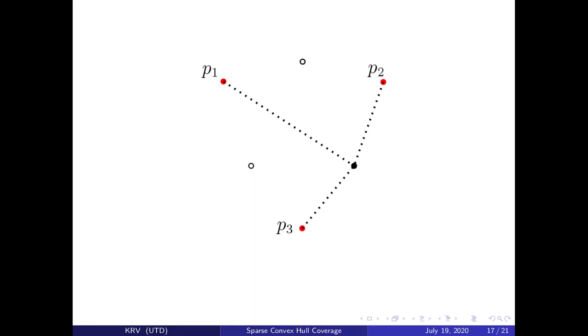And this is the case when P does not equal R, and for the case when P equals R, we have to lift into one more dimension. So that's why the hardness for that case is for D greater than or equal to 4.